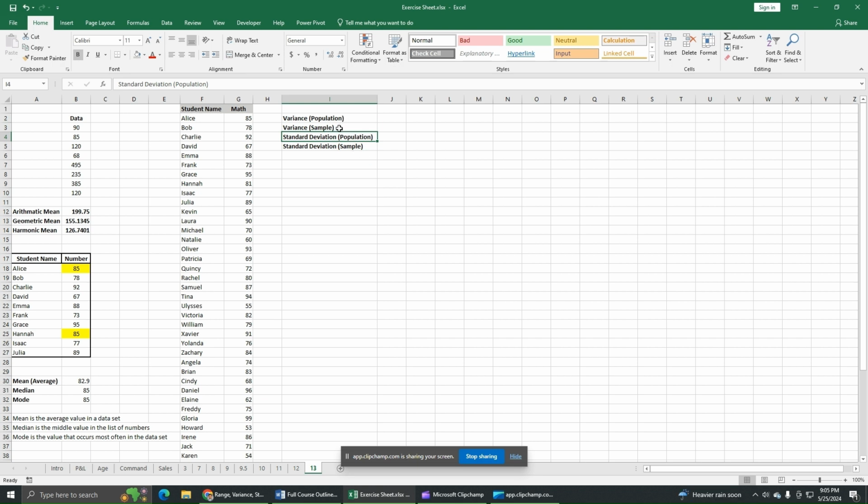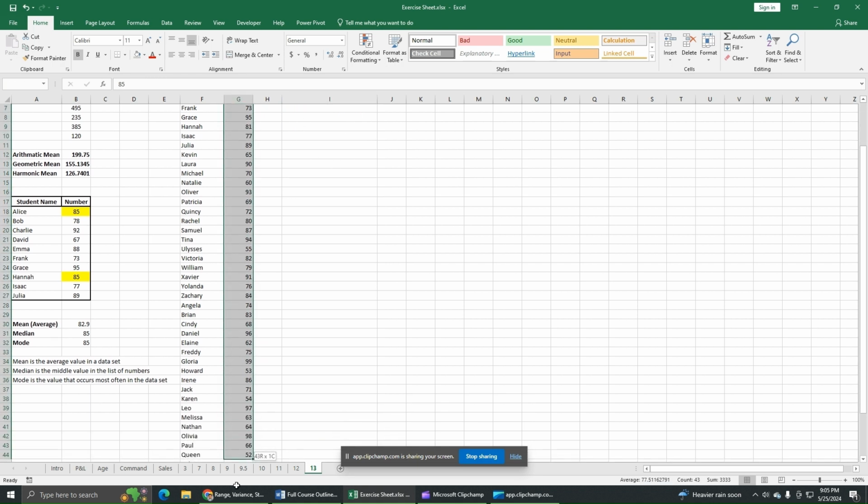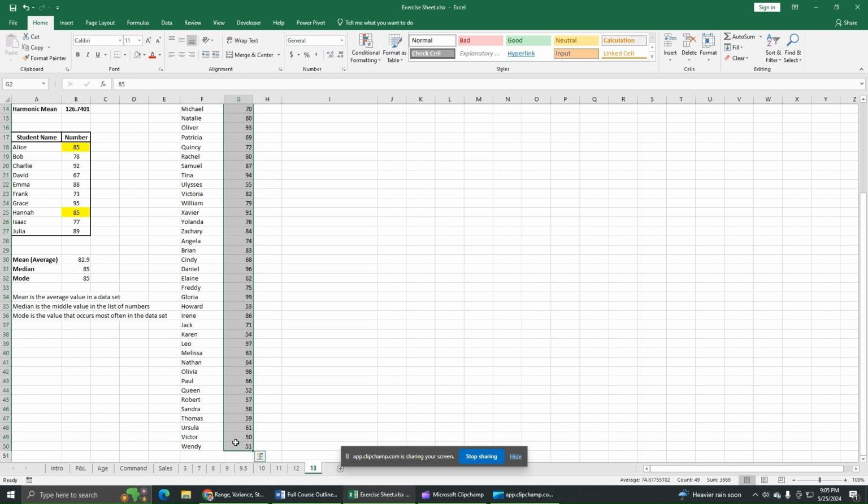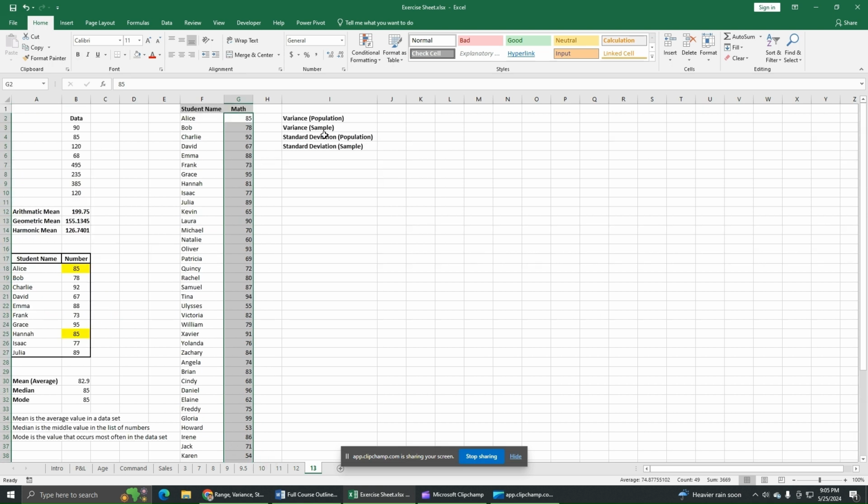So what is the difference between population and sample? Population means if we take the entire data, that is 50 students' data, and based on the 50 students' data we calculate the variance, then this is called population. And what is sample? We have only 50 students in this entire class.